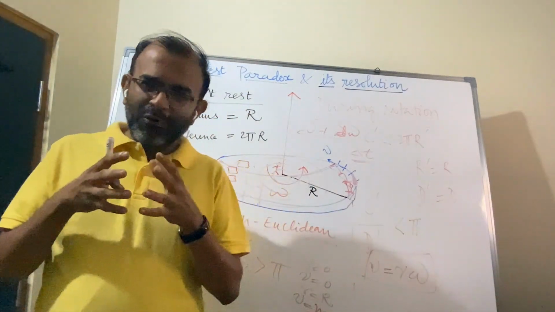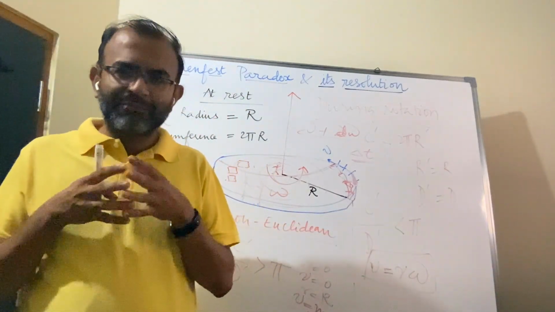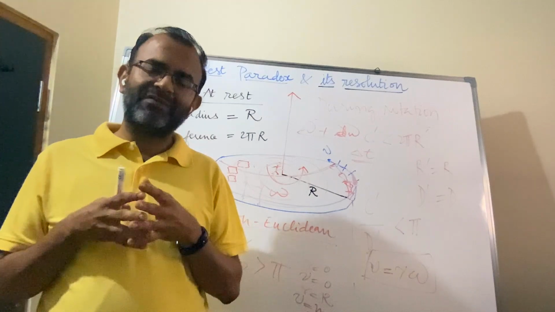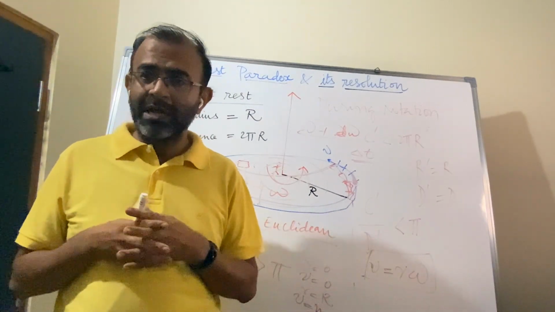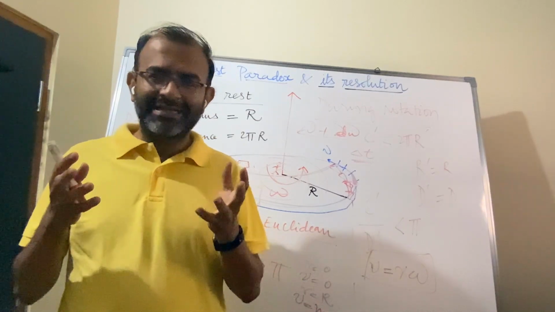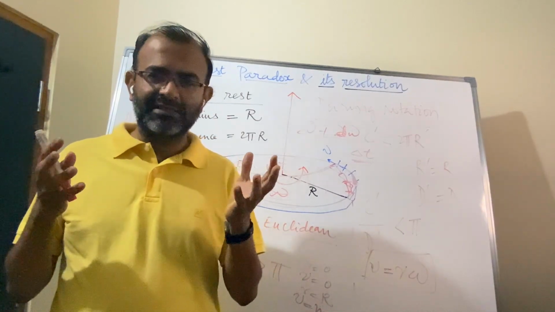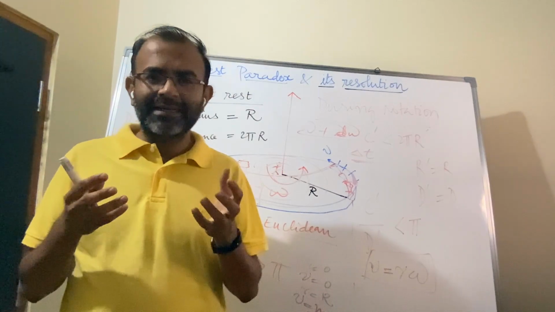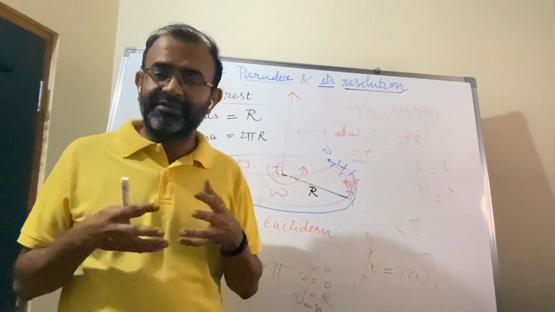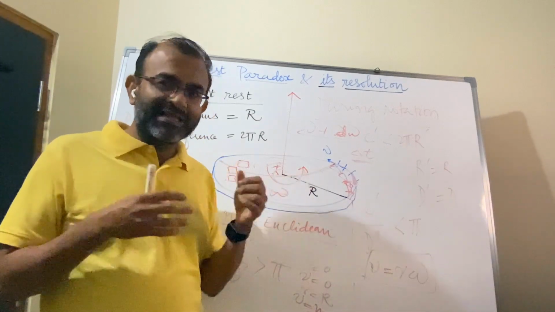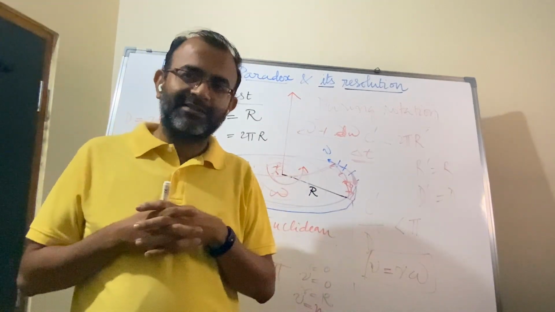This rotating disk problem has always been seen as a problem that straddles the boundary between special and general theory of relativity. If the disk is made up of a real material and it is massive enough and rotating also, the space-time around this disk would be curved. So one has to study the space-time curvature around such disks.